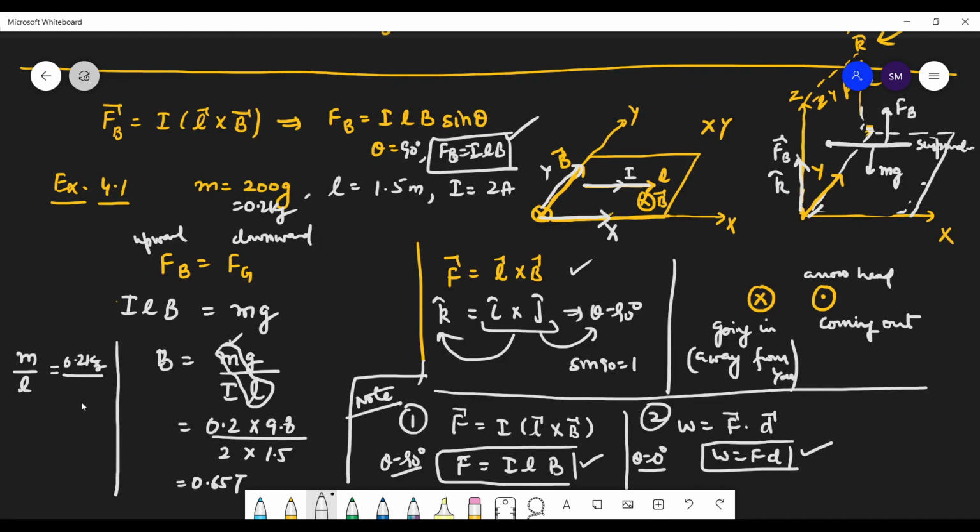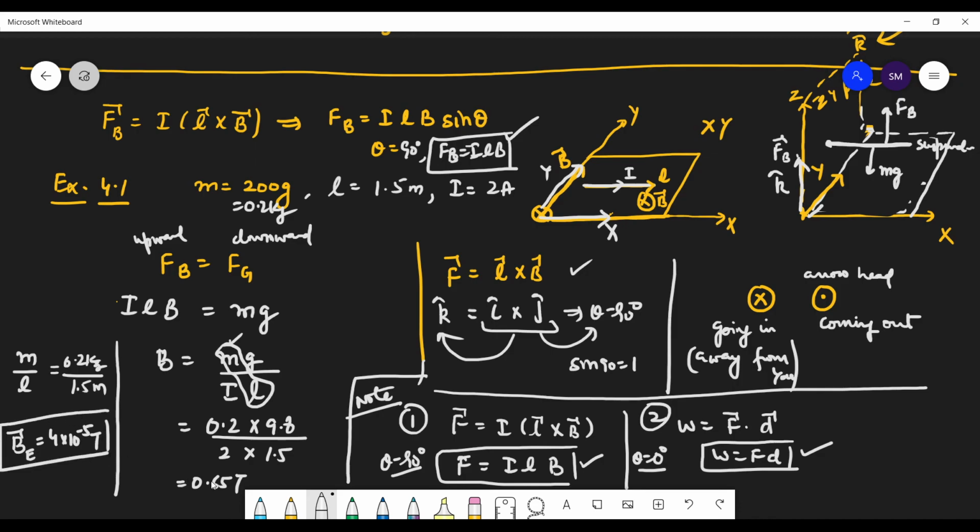And as I discussed with you earlier also, the magnetic field of Earth is 4 into 10 raised to the power minus 5 Tesla.